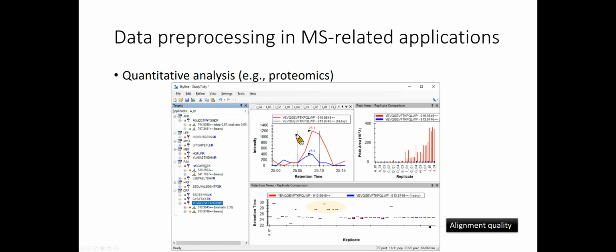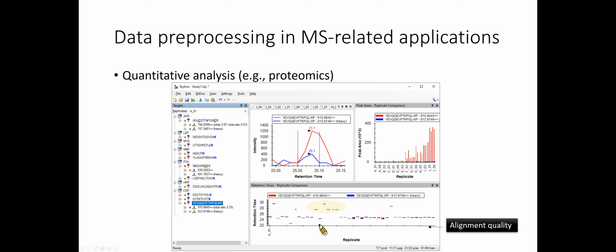Originally, this software was designed to support proteomic analysis. You can set up the target list containing the mass information of protein fragments and apply these channels to screen the raw data for quantitative analysis. Once you align the features across different samples, you can compare the relative abundance across the samples.